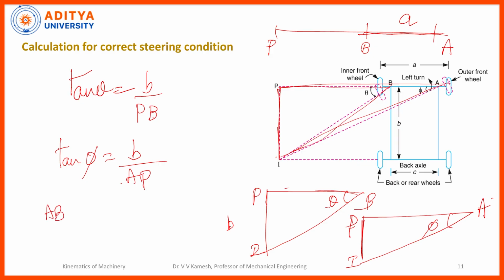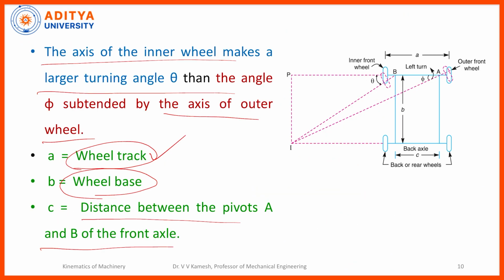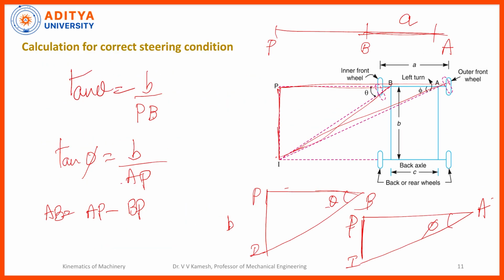AB is equal to AP minus BP. What is AB? Small a is equal to AP, from the second equation.